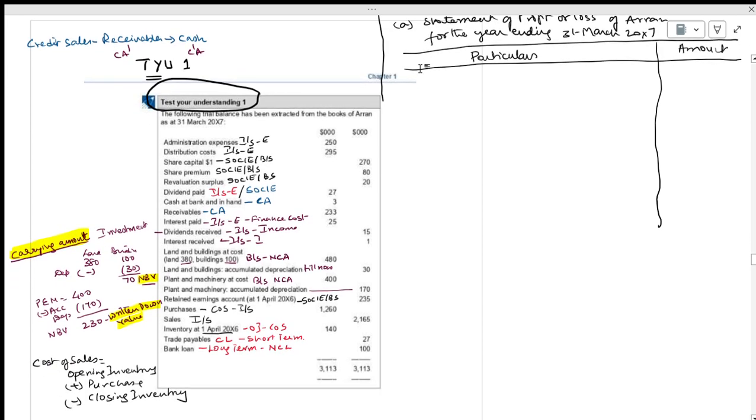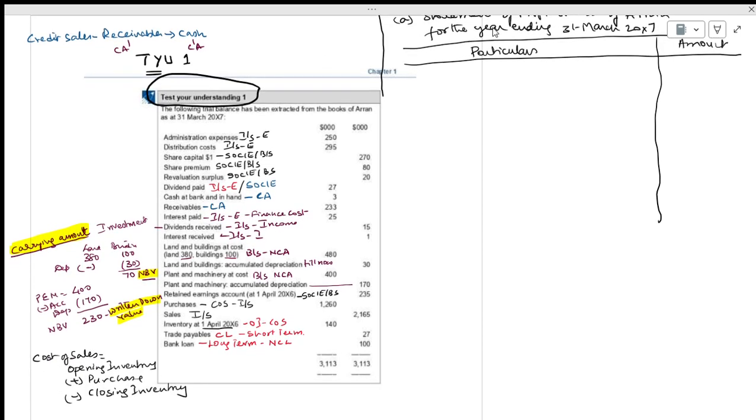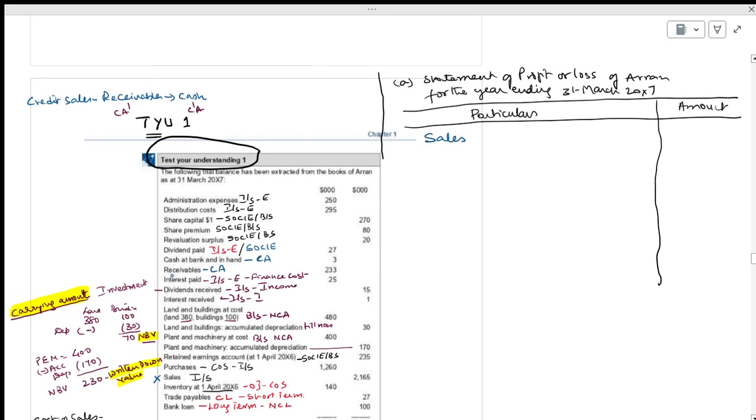Sales. Once you are doing this, put one small x, so that it will be easy for us to identify. How much is the sales? It has been given in thousands, so we also write thousands there.